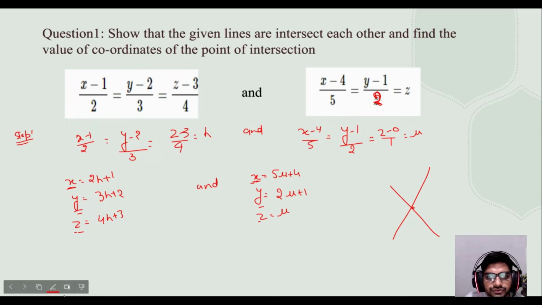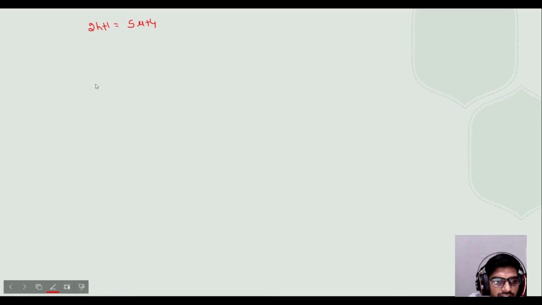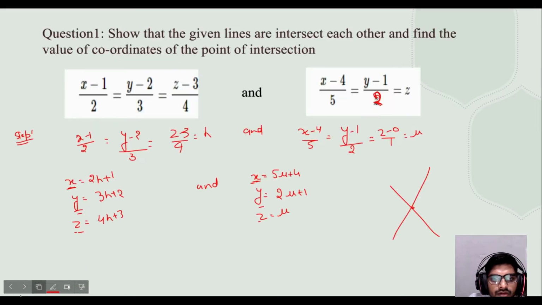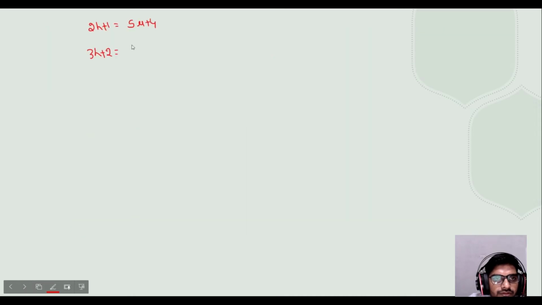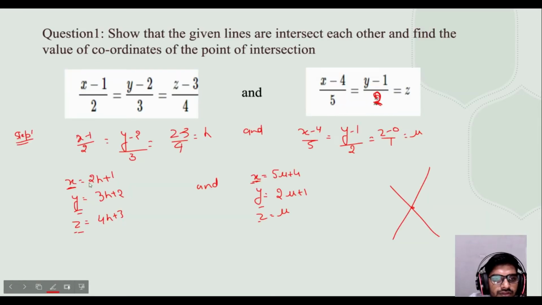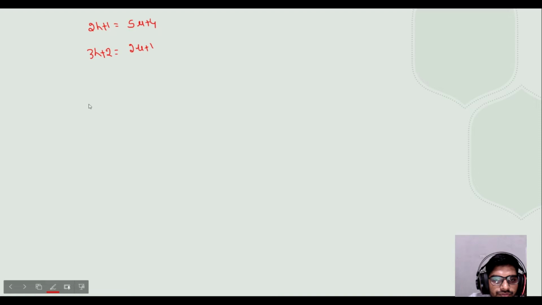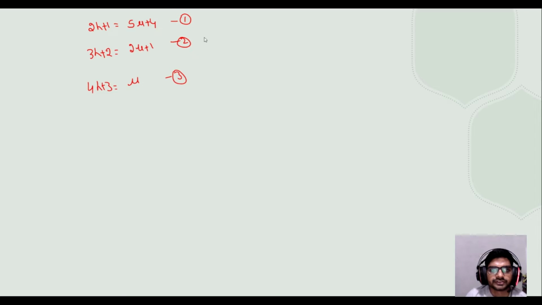Our second equation is 3 lambda plus 2 equals 2 mu plus 1. And our third equation is 4 lambda plus 3 equals mu.